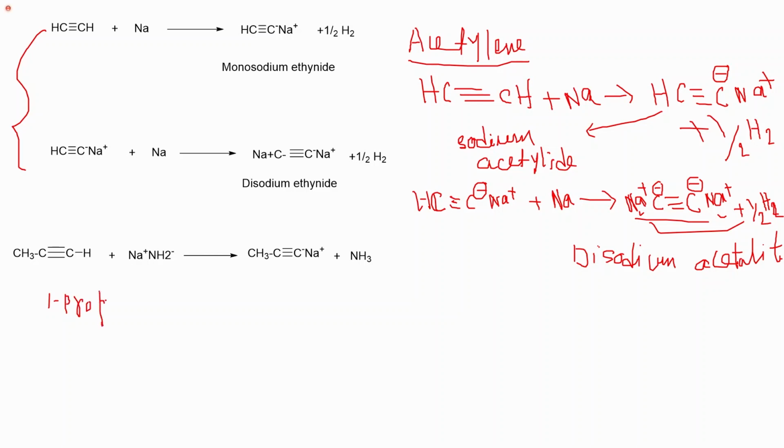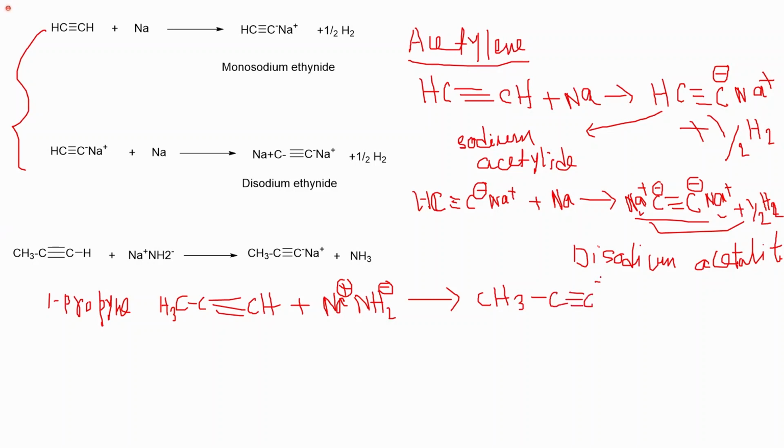The chemical formula of 1-propyne is CH3C≡CH, plus Na⁺ NH2⁻. This gives CH3C⁻ Na⁺ plus NH3. Now it is sodium propynide.